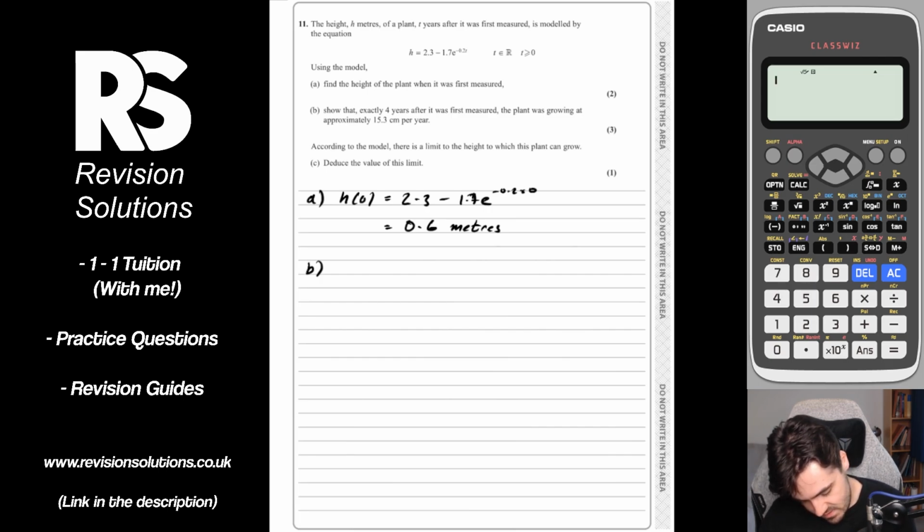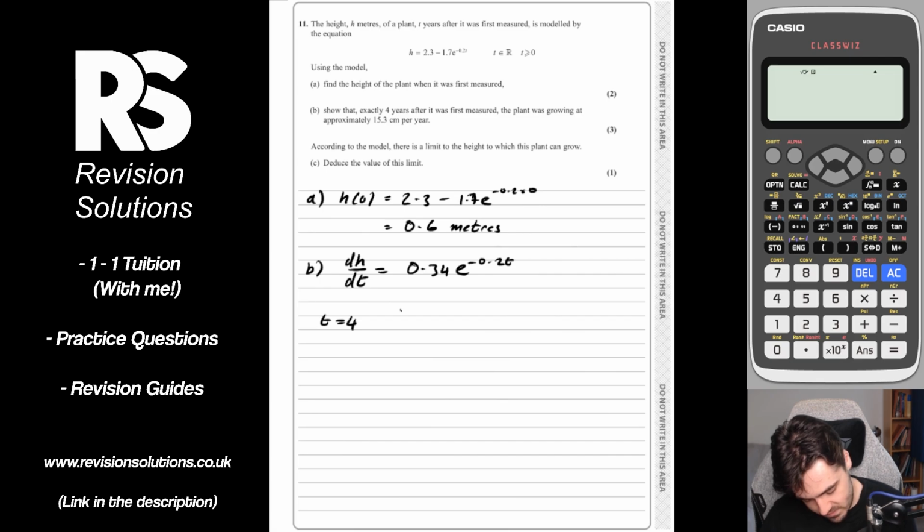So for part B, dh by dt, if you remember our rule for differentiating exponentials, we bring down that minus 0.2 and multiply, and the e to the minus 0.2t will remain the same, and then 2.3 just differentiates to nothing. So we'd wind up having positive 0.34 e to the minus 0.2t, and then we want to see what that is 4 years after.